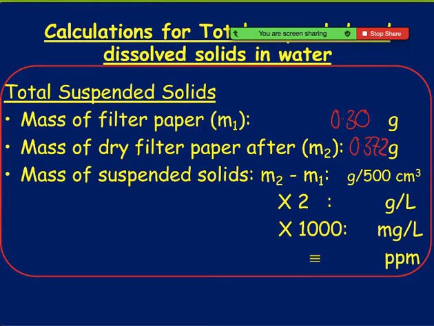So you're going to now work out for me what our total suspended solids was in that instance. So we're all getting the 144 parts per million?